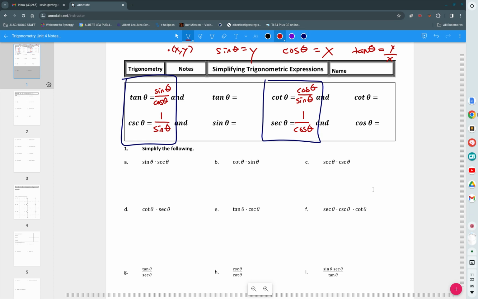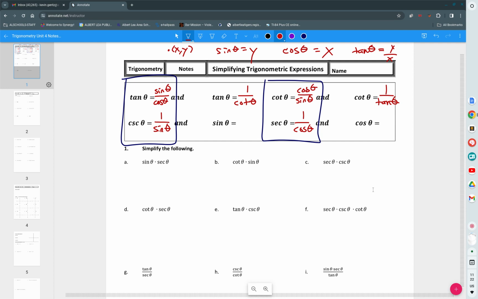Tangent and cotangent are reciprocals. So therefore, tangent is the same as 1 over cotangent, and cotangent is 1 over tangent. But you will not use those today. We like to use the ones that involve sine and cosine. So just to be clear, can everybody see that you have 2 of these equations that say tangent equals?